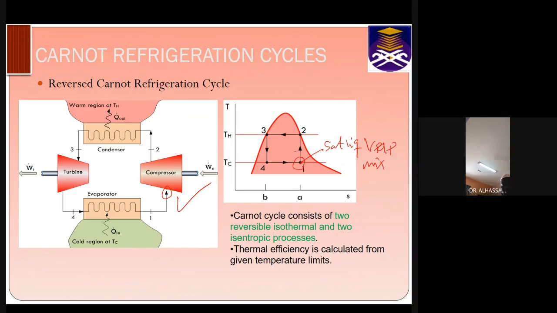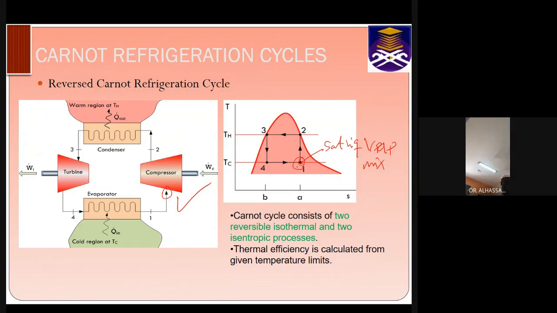This is not desirable for the compressor. The moment you feed the compressor with this fluid, it will collapse. There will be cavitation and it will be destroyed, because the compressor is only used to compress a compressible fluid such as gas, superheated fluid or saturated vapor.